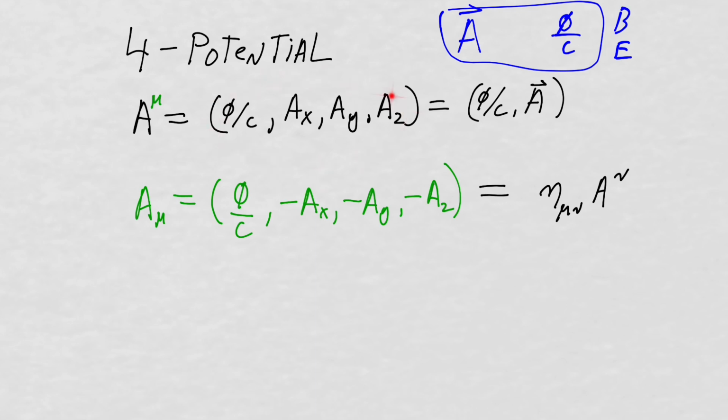And that four vector we call the four potential, and its first component in SI units is the scalar potential over c, and then Ax, Ay, and Az, the three components of the vector potential.